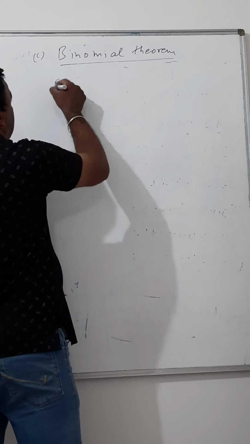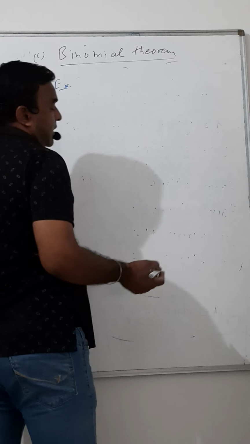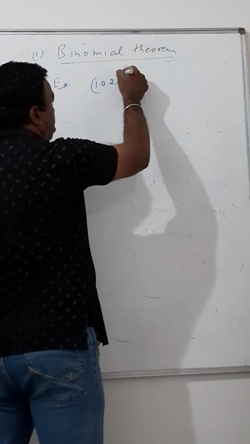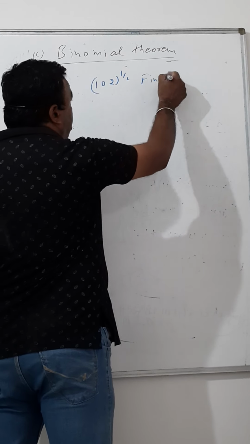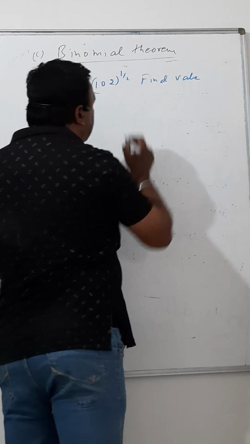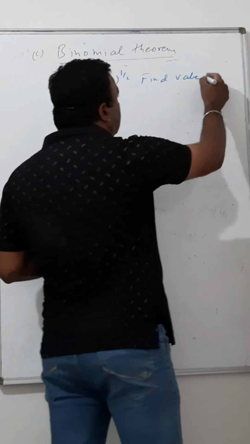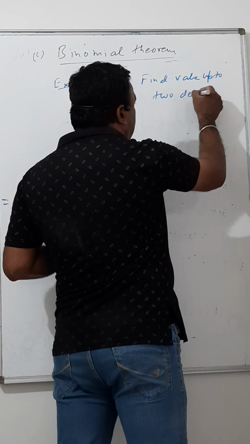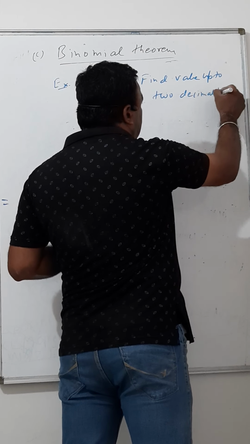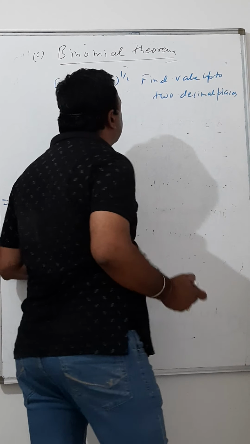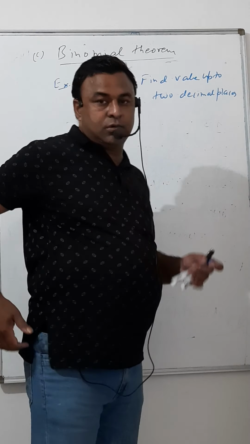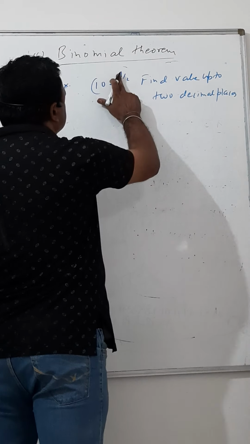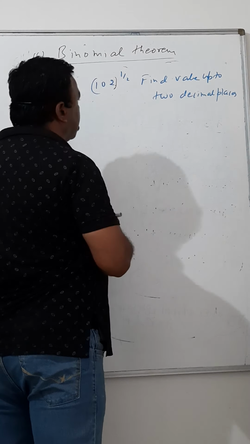I will ask you a numerical example first, then I will give an example from physics. Find the value of 102 raised to the power 1 by 2, up to 2 decimal places.